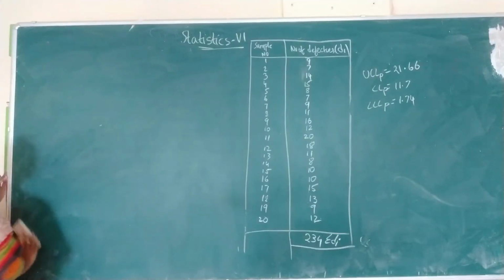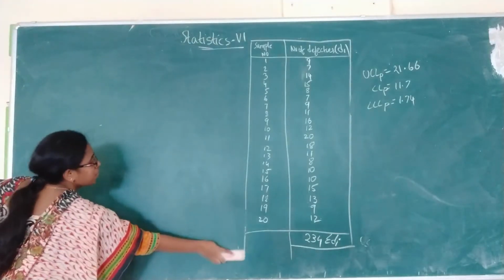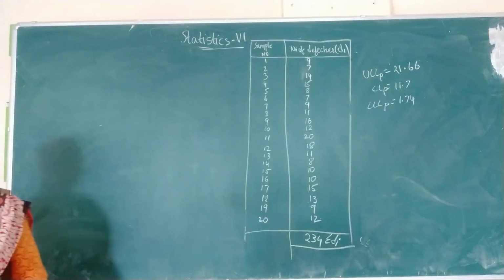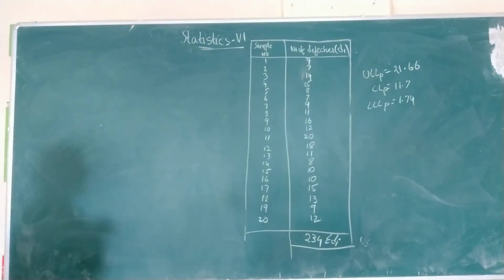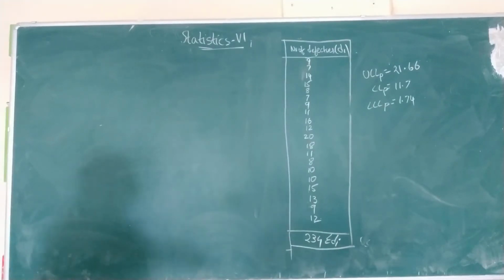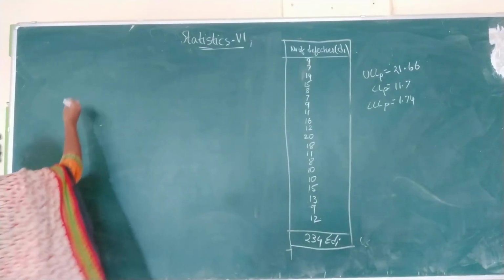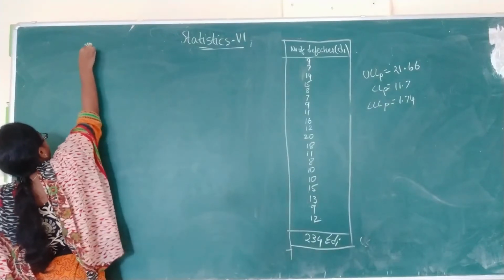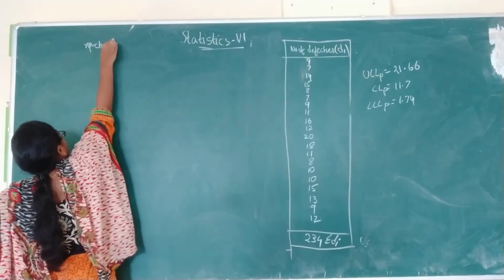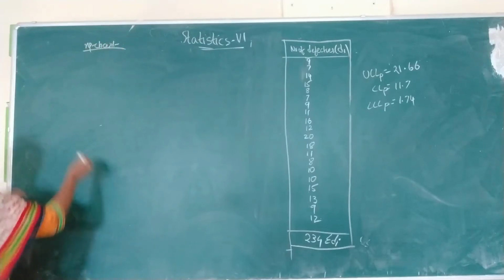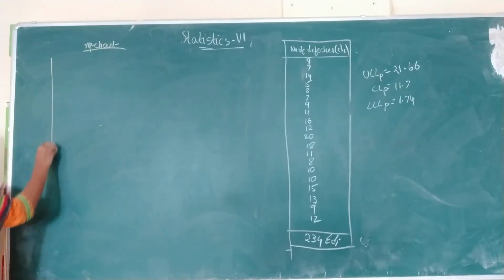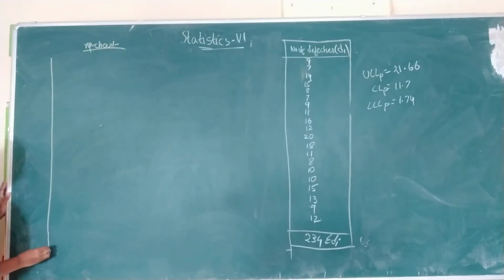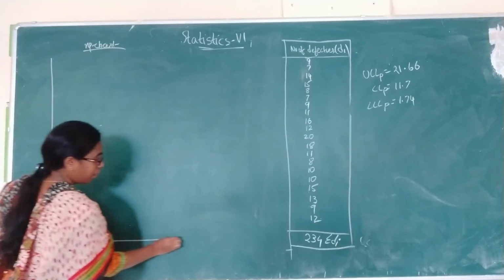There are total 20 samples. So on the x-axis you have to take the scale very carefully. Now draw the NP chart with the heading NP chart. So we have total 20 samples, so on the x-axis you have to represent the 20 samples.